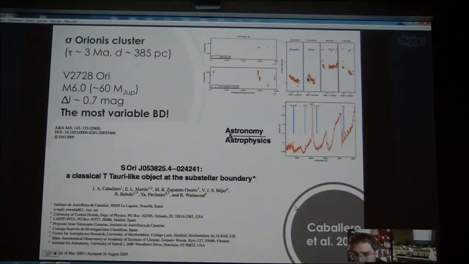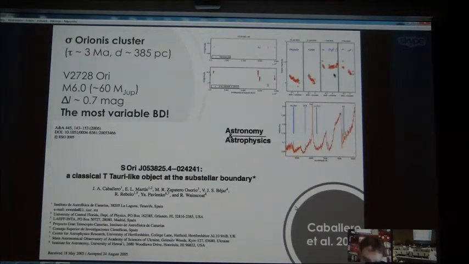In this case, it is rotation plus disk. This strong H alpha emission indicates that the central high mass brown dwarf is accreting material from the disk. The way in which we explain the variability was that what we see is not only the rotation and the spots on the surface, but also infalling material to the surface of the star.